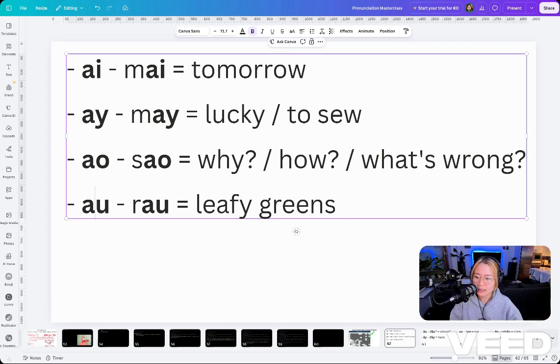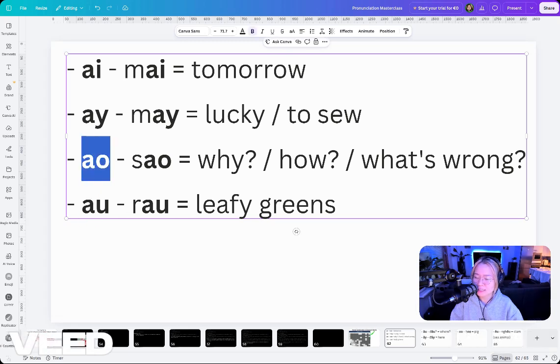The third and the last vowel combination starting with a is a, u, au. The difference between the fourth and the first is that for ao, we don't have to do the u, the smallest round with our lips.